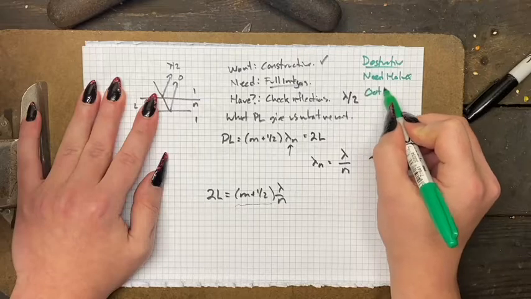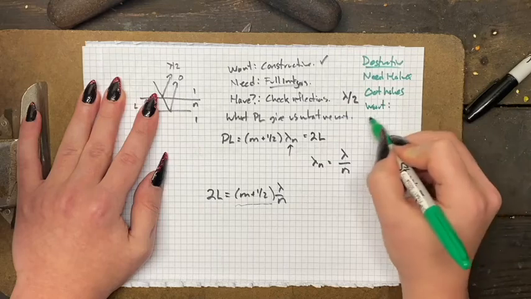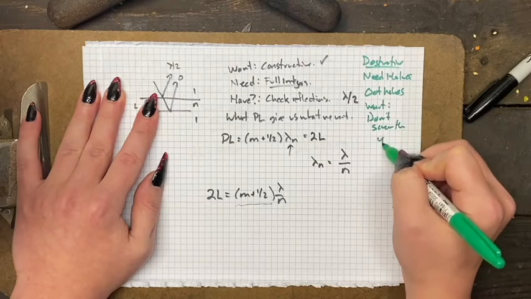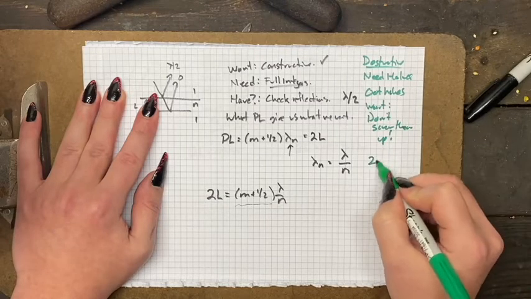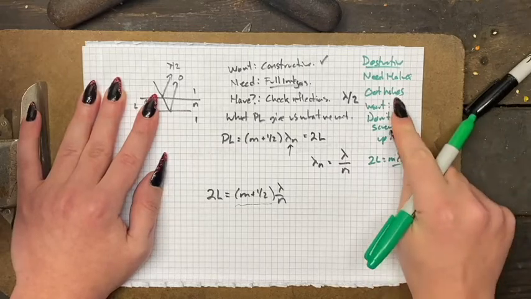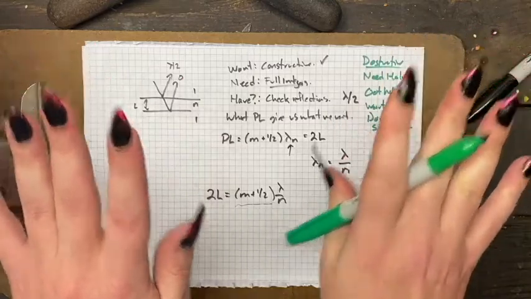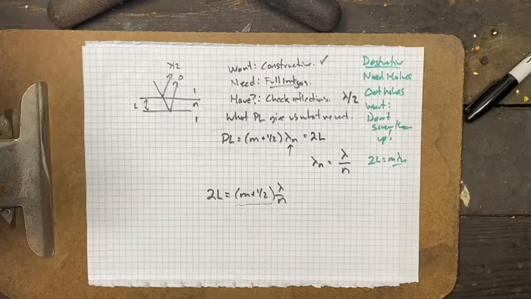I've got halves. So what do I want? Don't screw them up. So if we want to not screw them up, we would want to use an equation that looks like this, right? You've already got the shift that you want due to the reflections. Don't mess it up. Maintain that and use a path length that introduces only full integers.